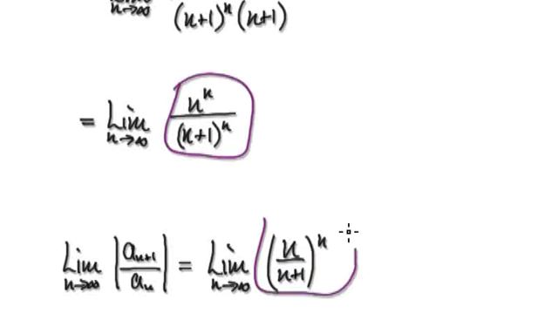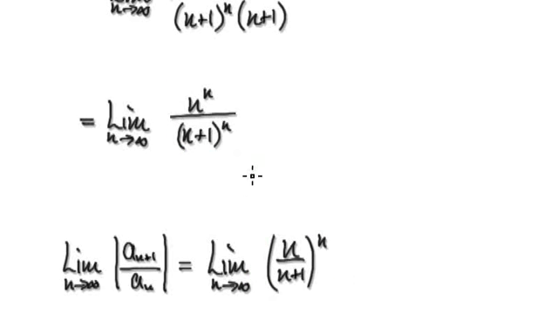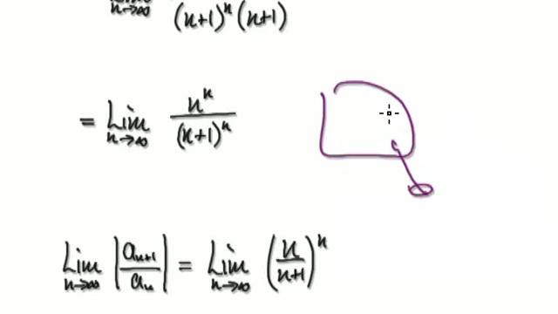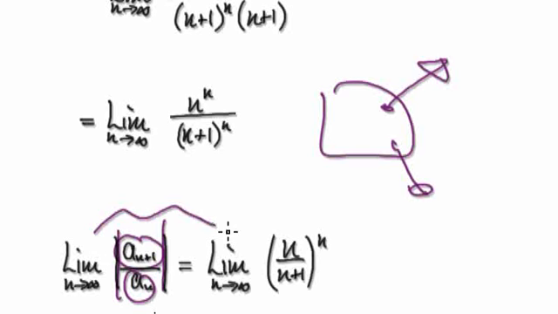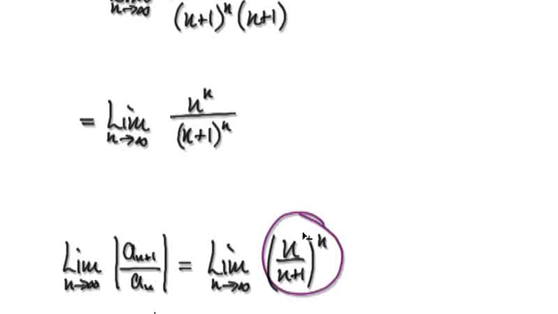We wanted to determine if our series will converge or diverge. We looked at a_(n+1) divided by a_n, took the absolute value, and it turns out to be this. Now we need to find the limit of this.